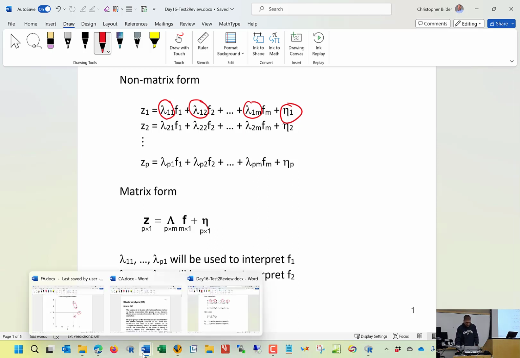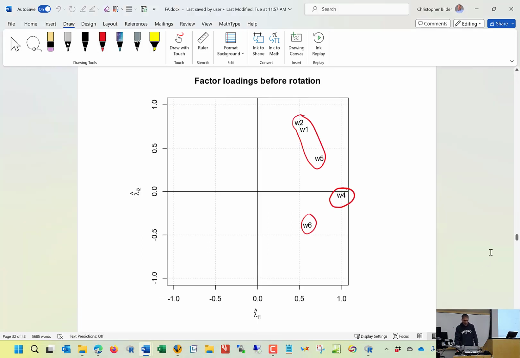So really briefly to review, here's what the original lambdas were for the goblet data, where each of the W4, W2, and so on represents a pair of these lambda hats. We have two common factors.